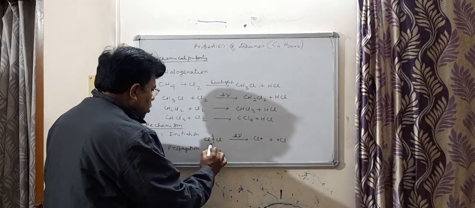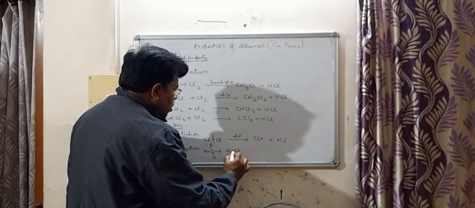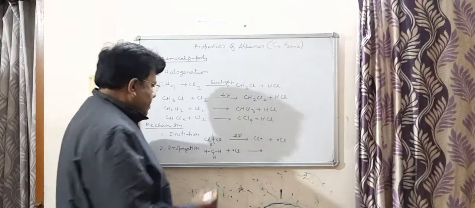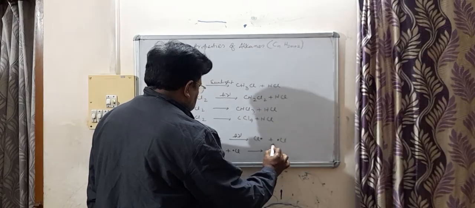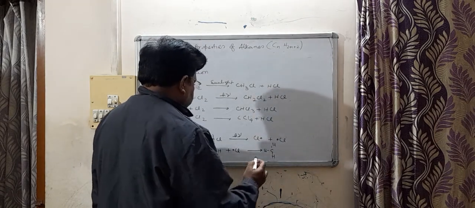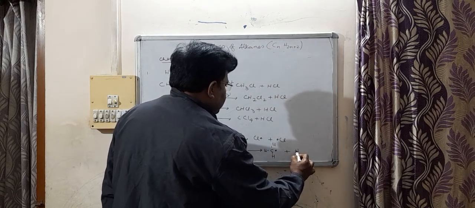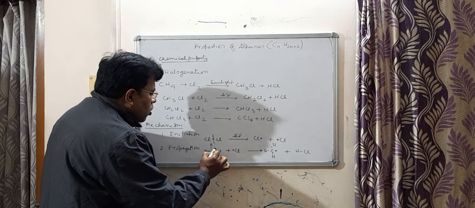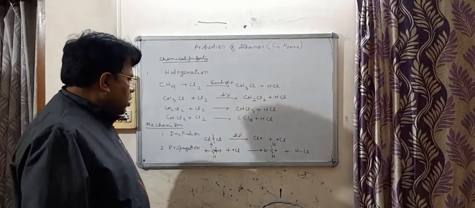This methane and this chlorine free radical give rise to, here again, homolytic fission of this bond taking place, and a methyl free radical and HCl are formed.